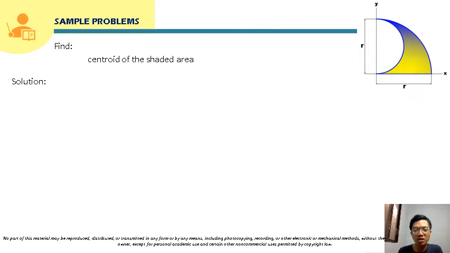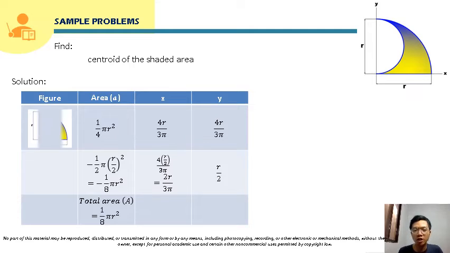Okay, so to solve this, we are going to construct a table here. We are going to consider the quarter circle, and then this semicircle, which we are going to subtract from the quarter circle. So the area of the quarter circle will just be 1/4 pi r squared, since our radius here is r.